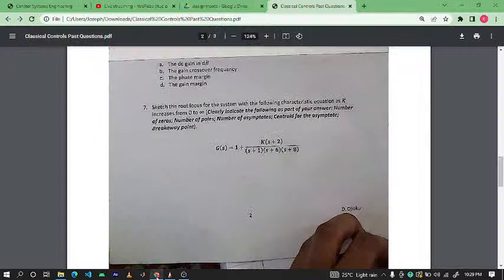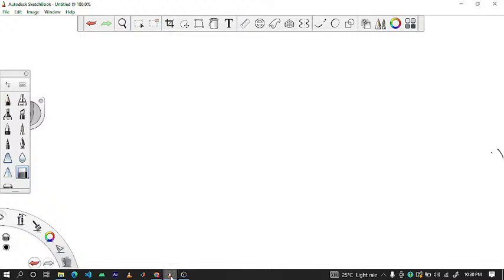Anytime you are doing root locus, you have to follow a certain number of steps so that it will be easier for you. Even after you finish solving this question, go through the steps a number of times so that you're familiar with it. The question says to sketch the root locus for the system with the following characteristic equation. Note that they've given us the characteristic equation, not the open loop.